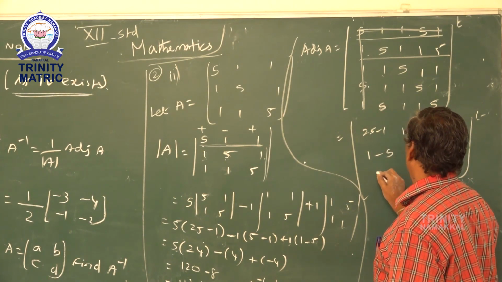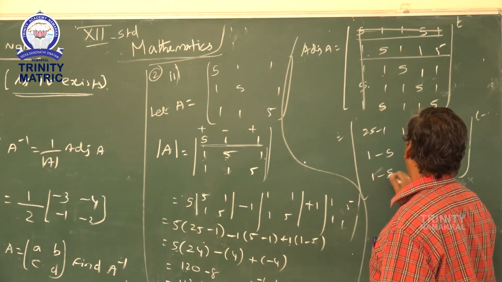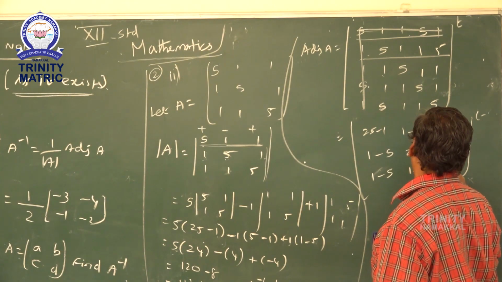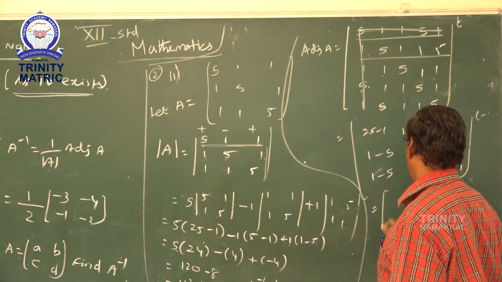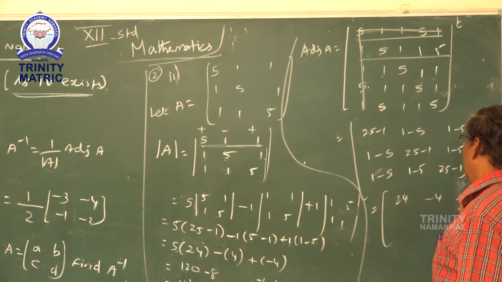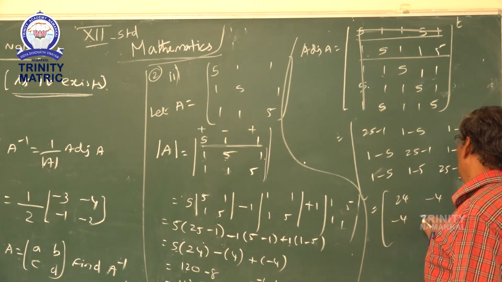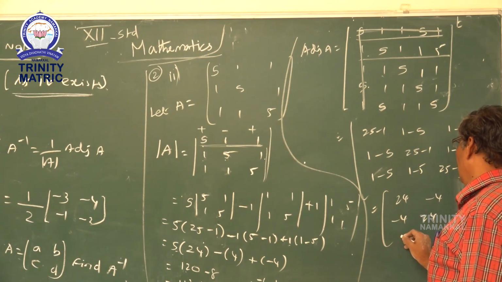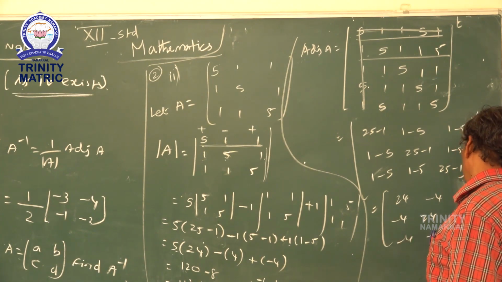Again 1 minus 5, 1 minus 5, 25 minus 1. What is the value here? 24, minus 4, minus 4, minus 4, 24, minus 4, minus 4, minus 4, 24.